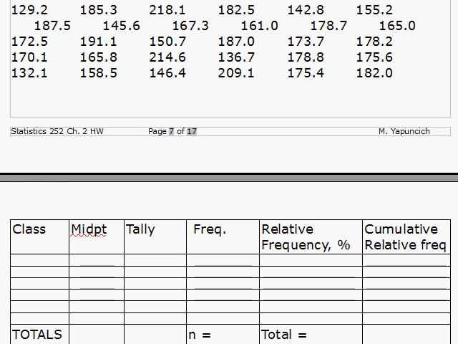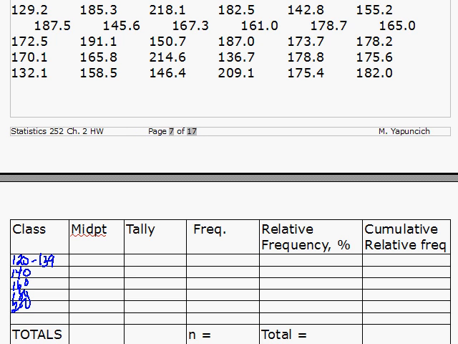The classes, yeah, that was right. They started at 120, and they were width 20. 120, 140, 160, 180, 200. Remember, this only goes to 139.